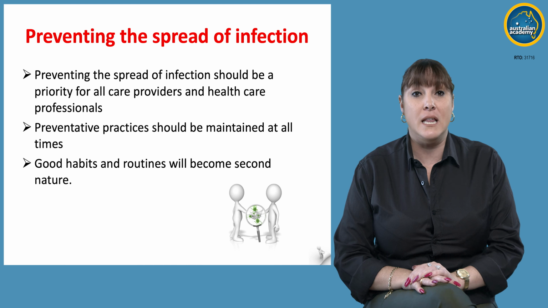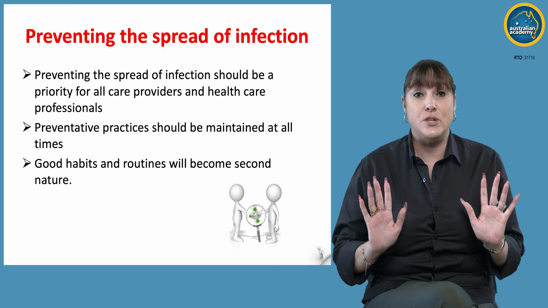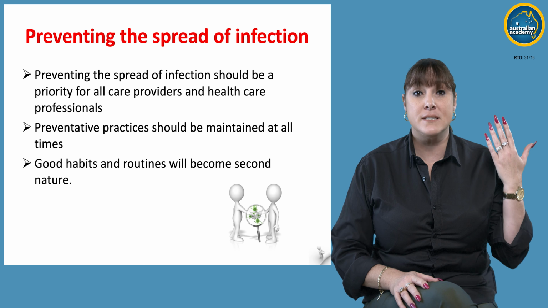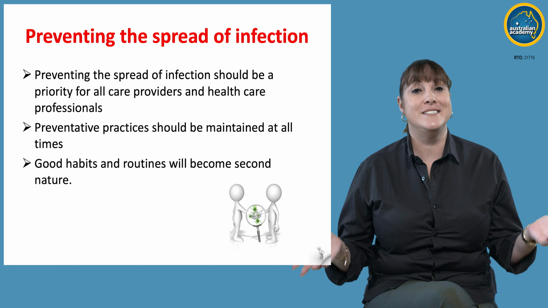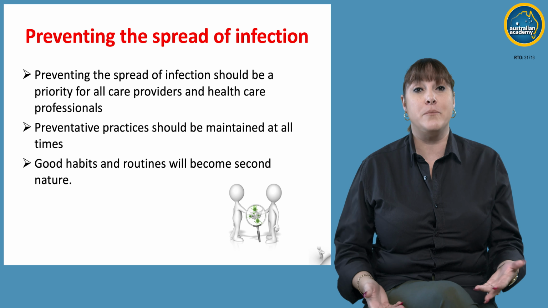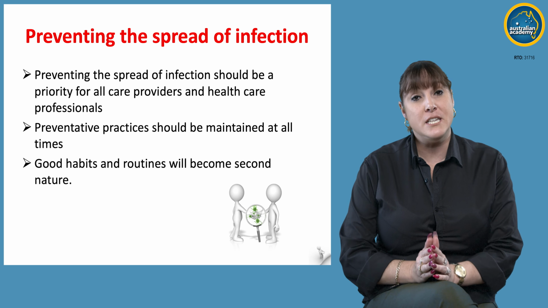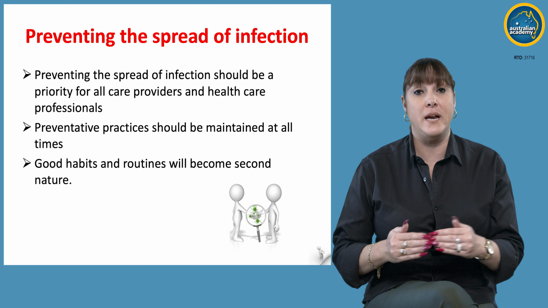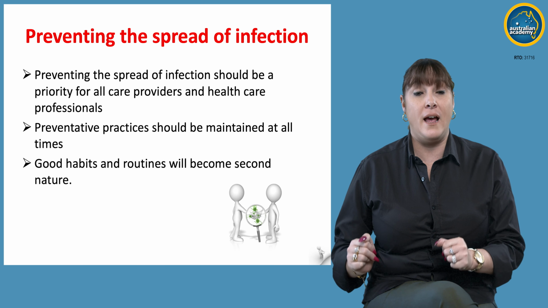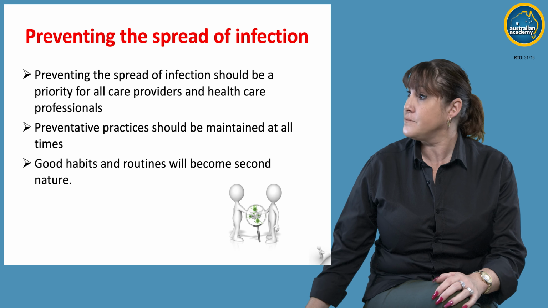As I mentioned earlier, this could be anything from using your gloves, your eye masks, your face shields, your aprons, your booties. But we need to ensure that we're changing these things in between every client. We need to ensure that we're washing our hands in the correct hand technique before and after every client as well.